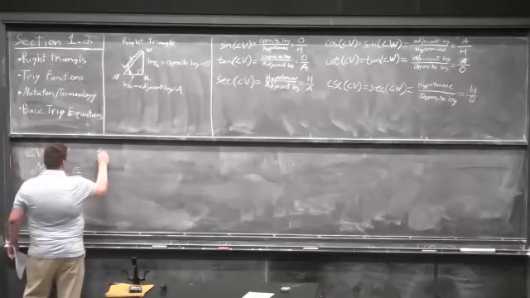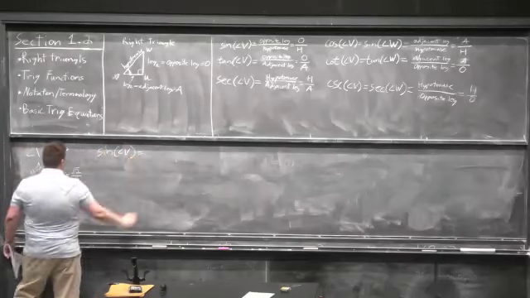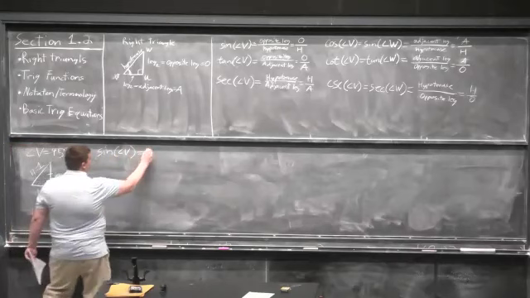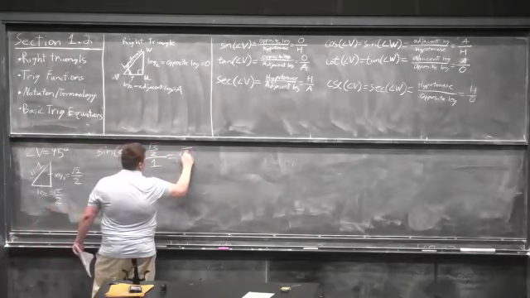But so using this, let's now use our conventions, and we want to find all the trig values. So we're going to look at sine of angle V is equal to our opposite leg, square root 2 over 2, divided by our hypotenuse of 1, so that's just square root 2 over 2.